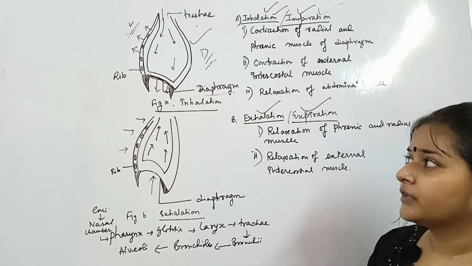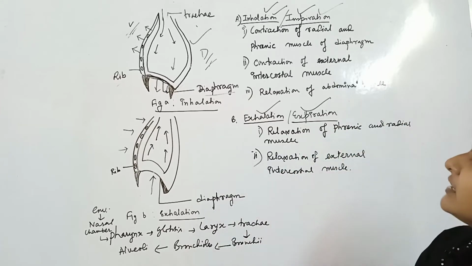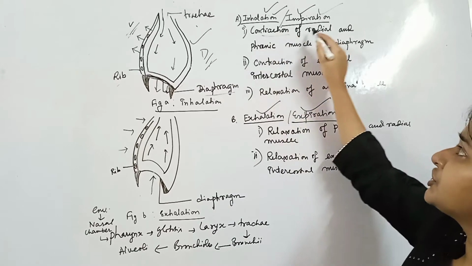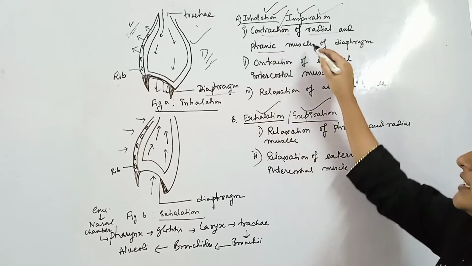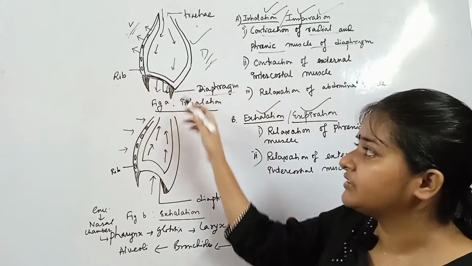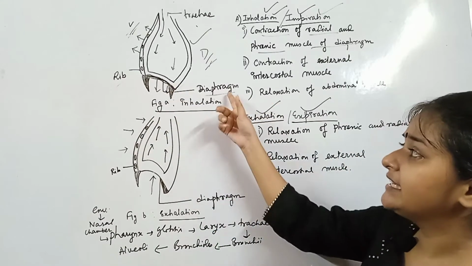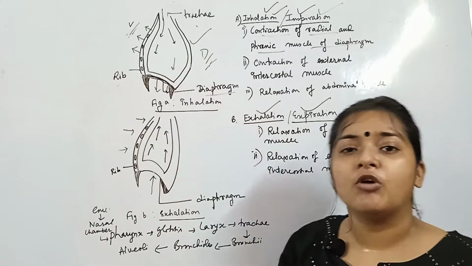Now when these associated muscles of the diaphragm, the radial and phrenic muscles, start contracting, then what happens? The diaphragm goes downward.